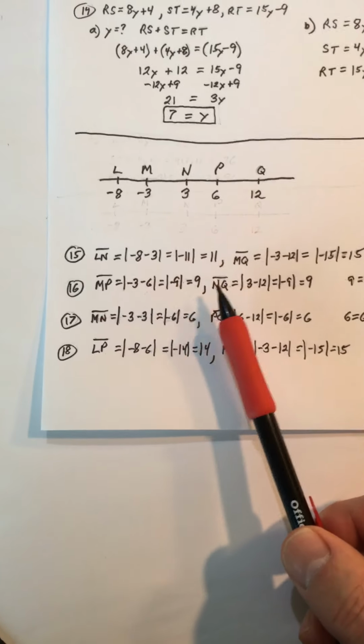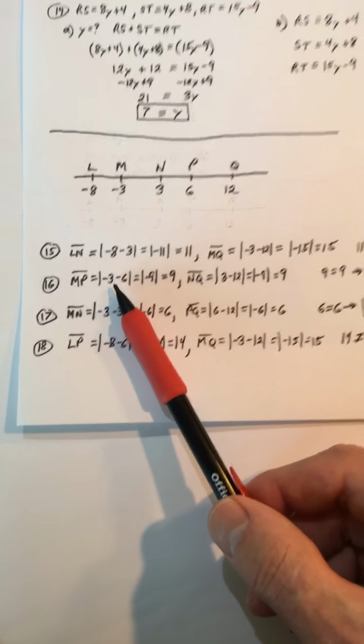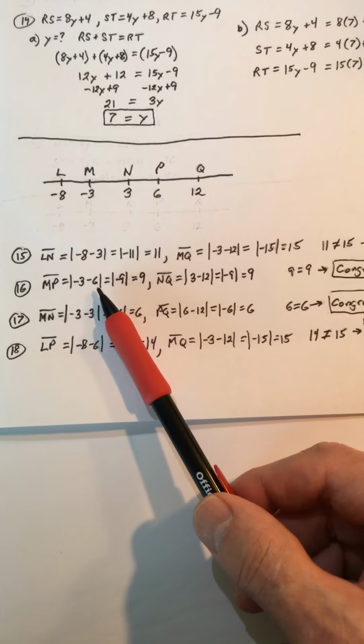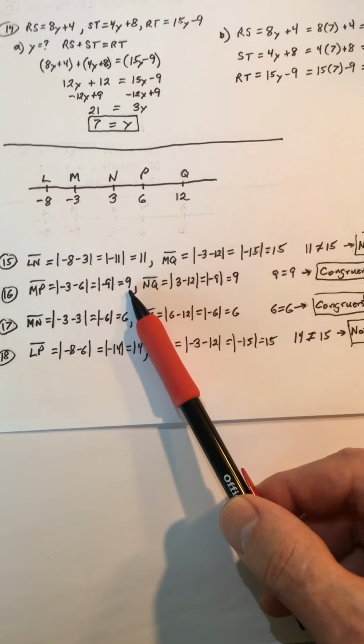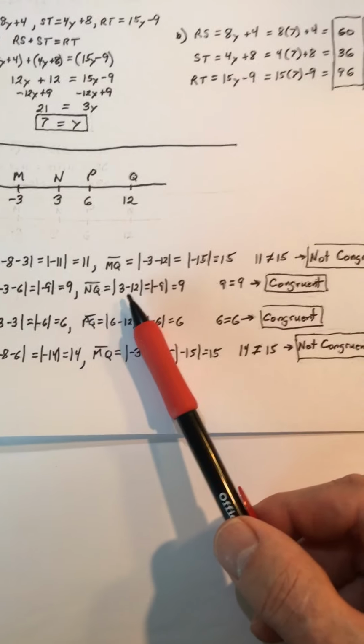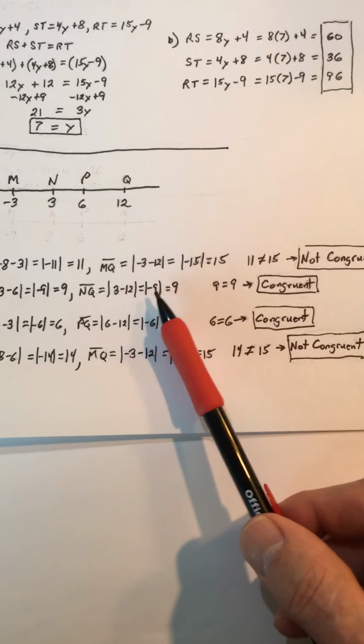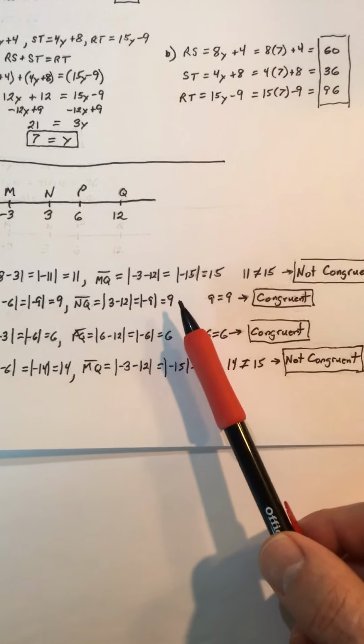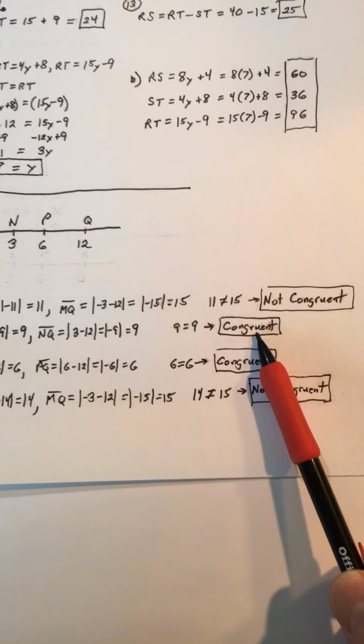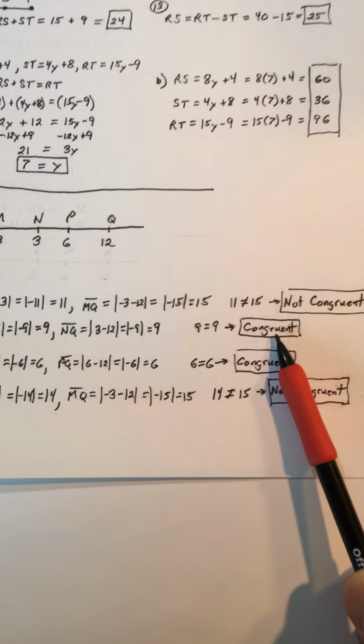16, MP and NQ. MP is -3 minus 6, which has absolute value of 9. The NQ term is absolute value of 3 minus 12, which again has an absolute value of 9. So in this case, 9 is equal to 9, and these two segments are congruent.